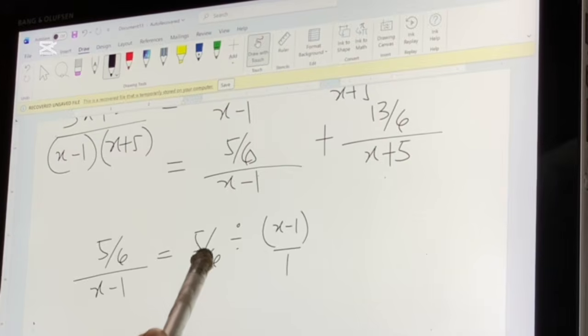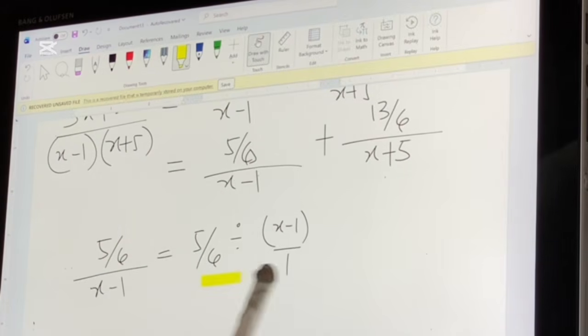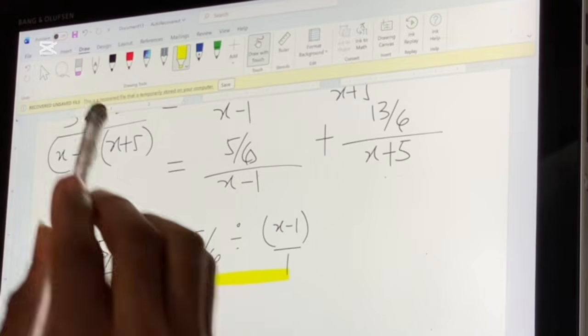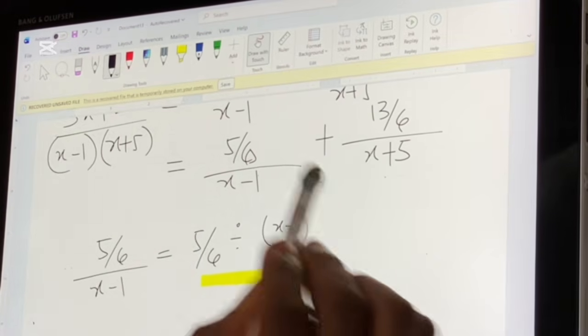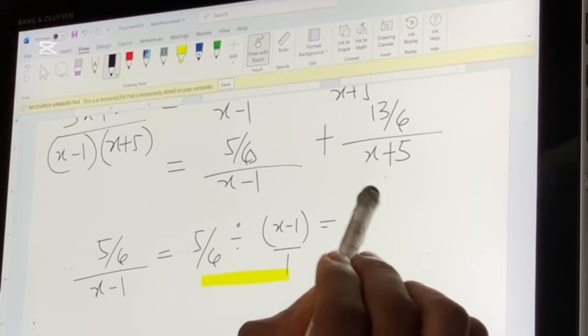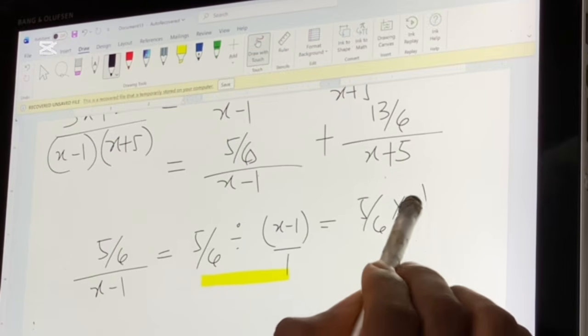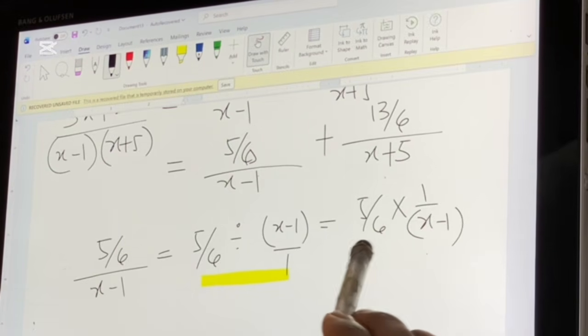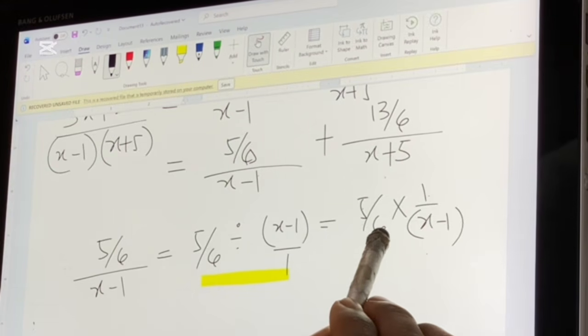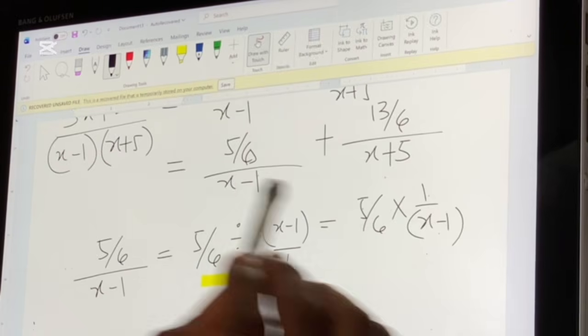If you apply BODMAS from here, the right part will be inverted. It will be 5 over 6 times 1 over s minus 1. Please take note. So 5 times this will give us 5. 6 times this will give us this part here.